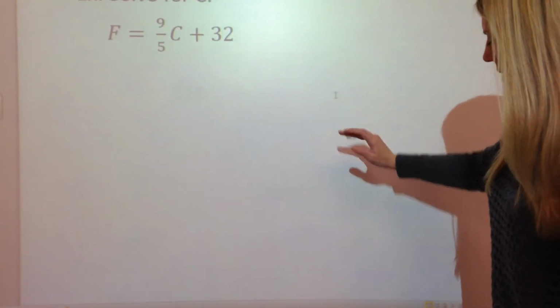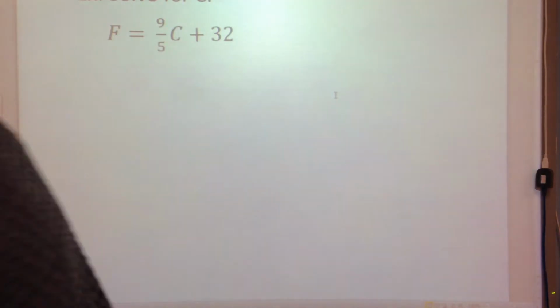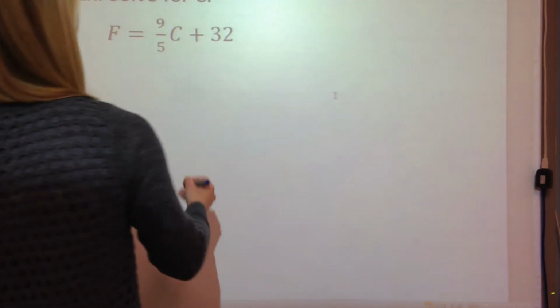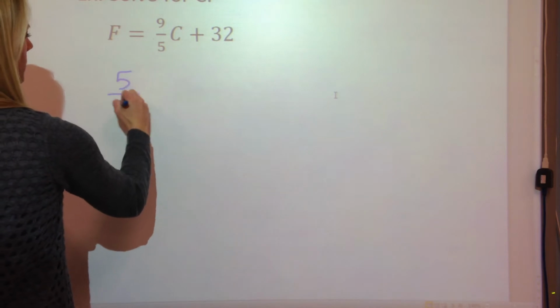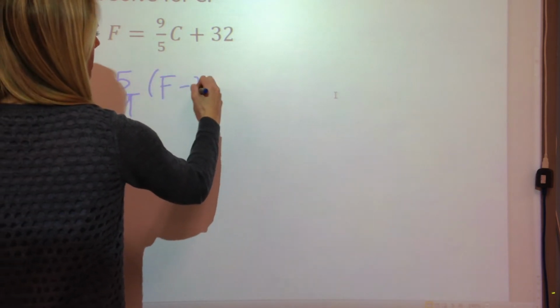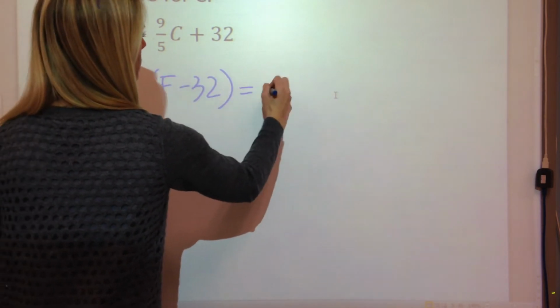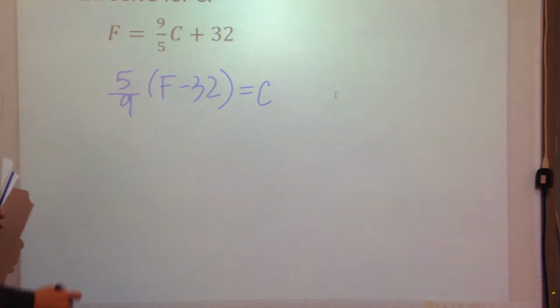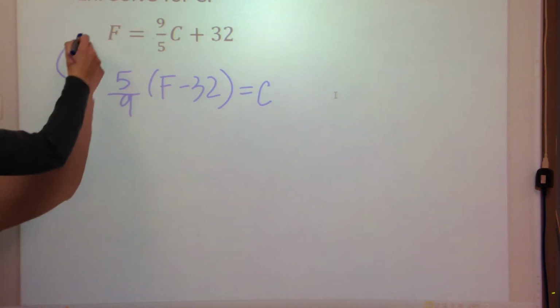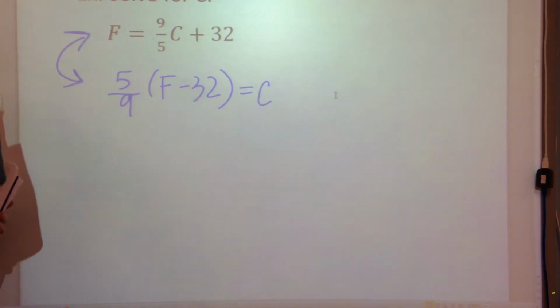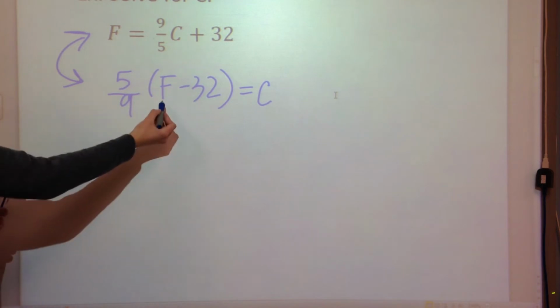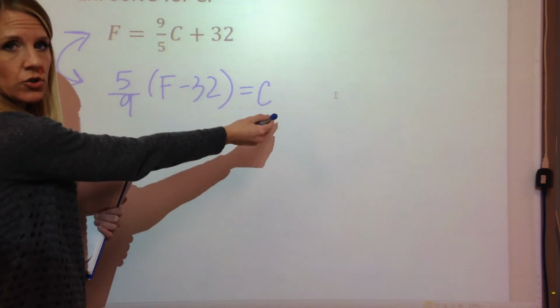Let me just write down again what we ended up with: 5/9 times the quantity F minus 32 equals C. These are equivalent formulas. So what do I mean by that? That means if I were to plug in, let's say, 212 for F, I should get out 100.